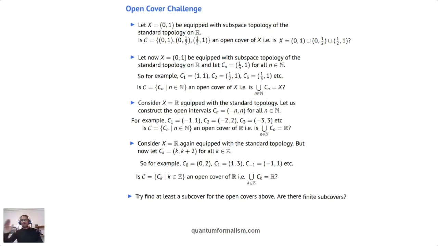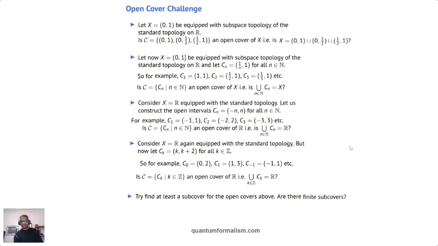So I'm starting from 1, 2, 3, 4, and so on. So for example, C1 is equal to the interval (0, 1), C2 is equal to the interval (1/2, 1), and so on. You get the picture. So the question is, if you get this collection of these open sets, whether they provide you a cover for X, for this interval, and so on.